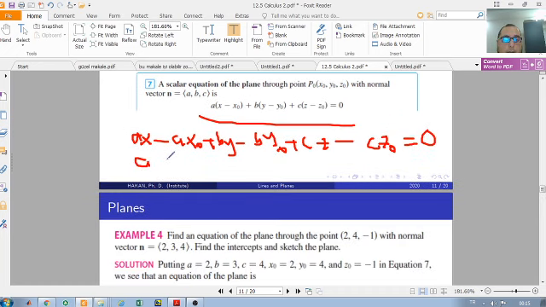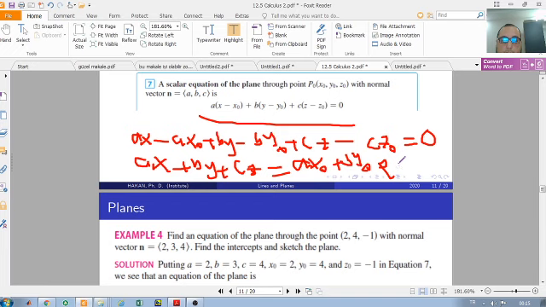From here we have ax plus by plus cz equal to, writing the numbers on the right hand side, a x0 plus b y0 plus c z0.